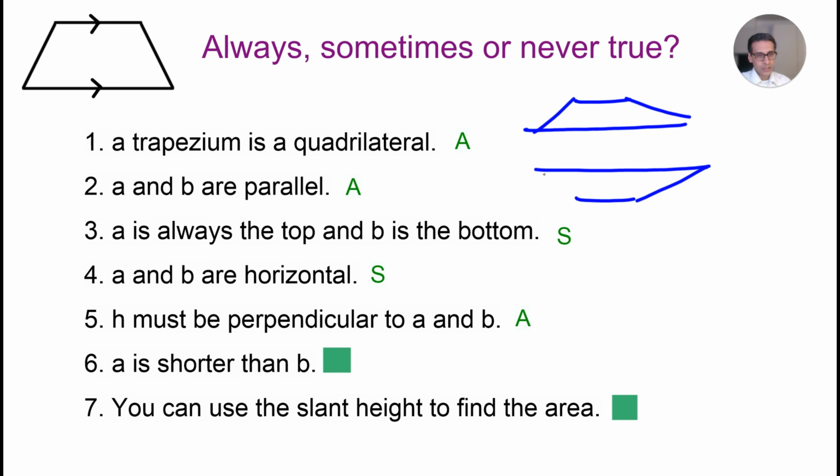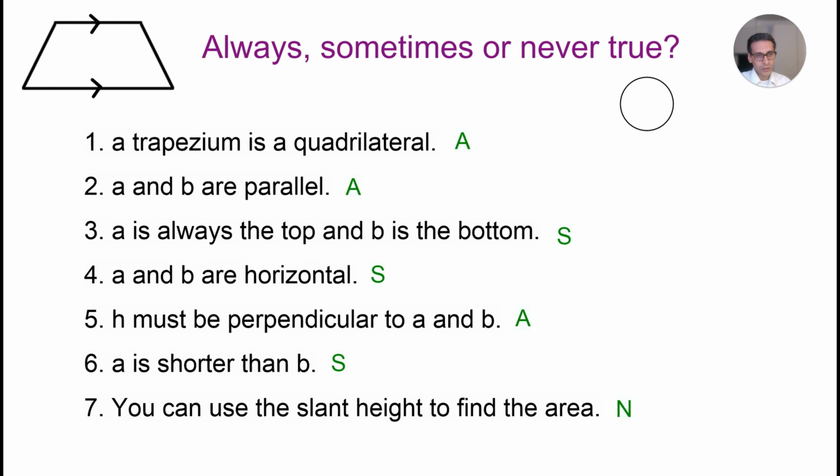A could also just be the longer side. So you can rotate these. Now this is sometimes true. And then, you can always use the slant height to find the area. In this case, we're going to say never true, although when you get to Pythagoras, you may find that slant height might be useful for you to work out more information. But for now, we're going to say never.